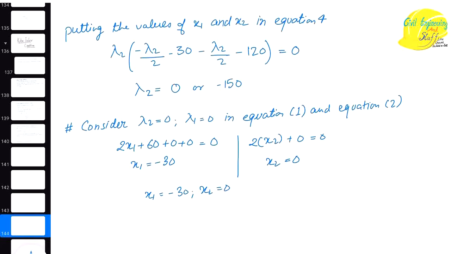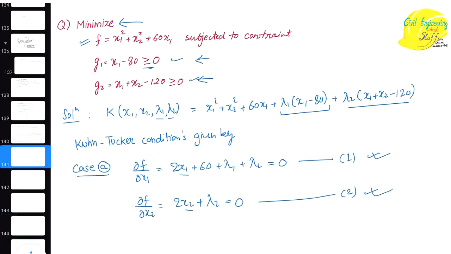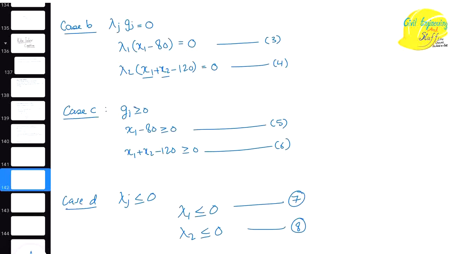Let's check the rest of the conditions, since we have used equation number 1, 2, 3 and 4, right? So needless to say, these conditions are fulfilled. Let's check equations 5, 6, 7, 8, whether these values are satisfying or not. Talking about the value of lambda, lambda 1 and lambda 2 should be less than or equal to 0.